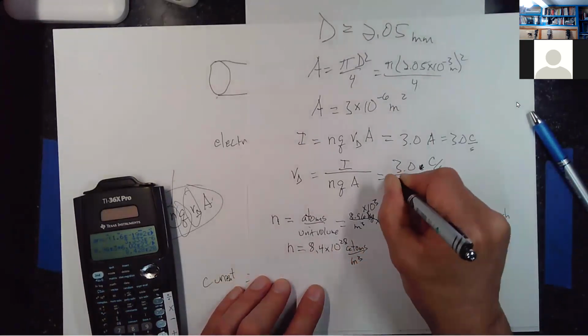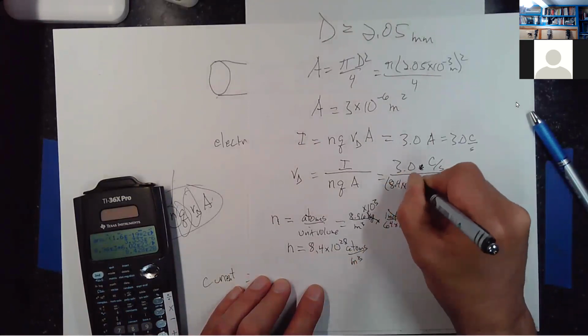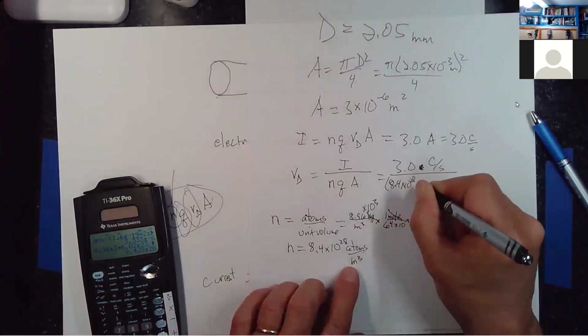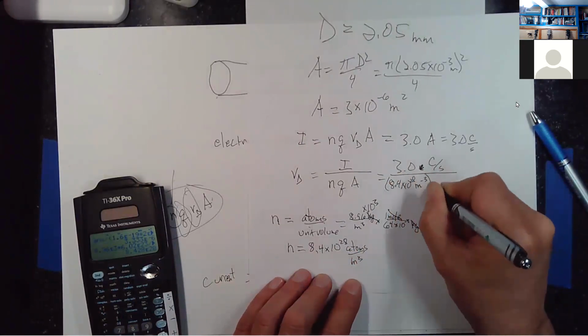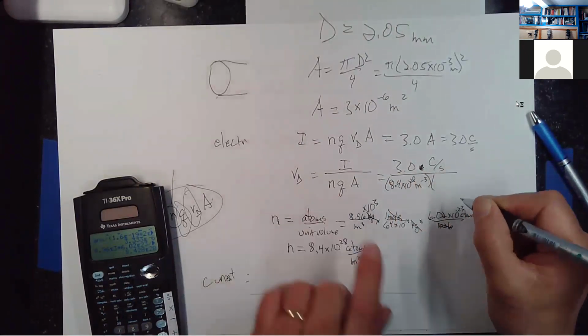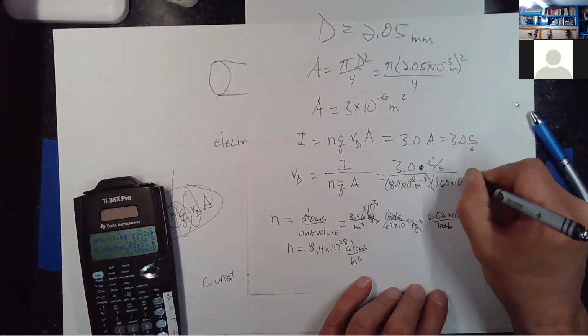So that'll go down here: 8.4 times 10 to the 28th, and really the only units on here are meters to the -3. And Q is 1.60 times 10 to the -19th coulombs.